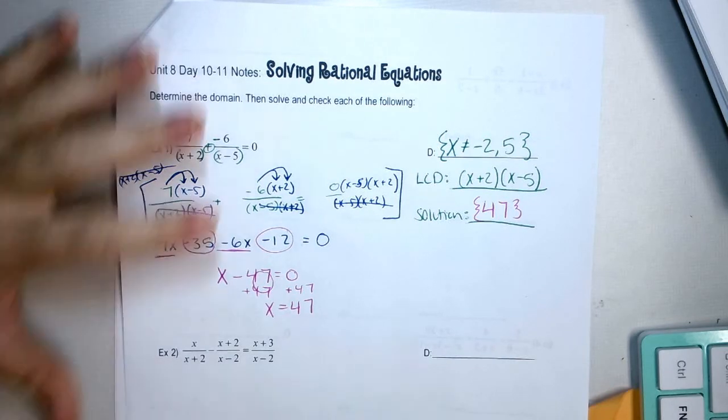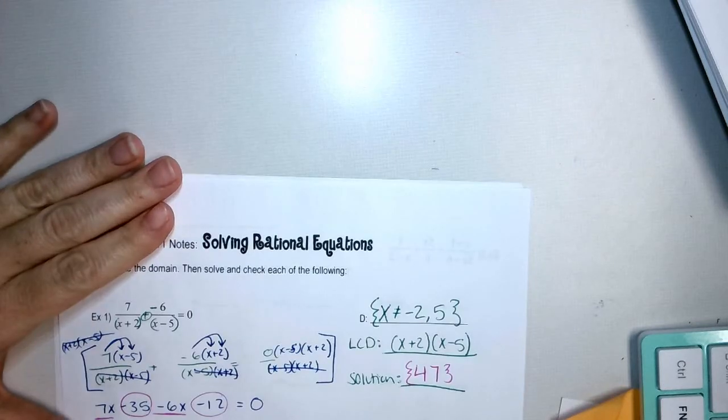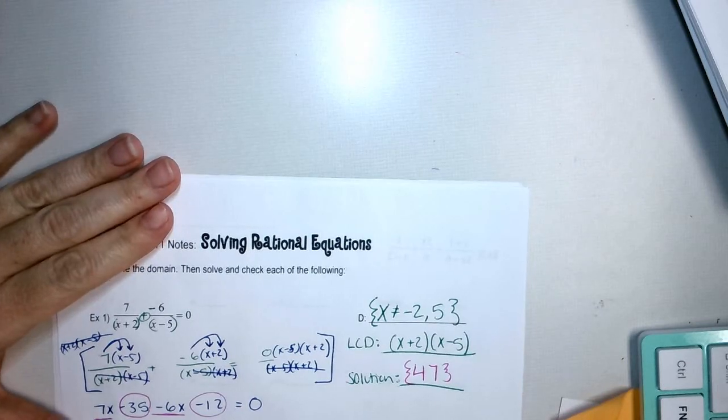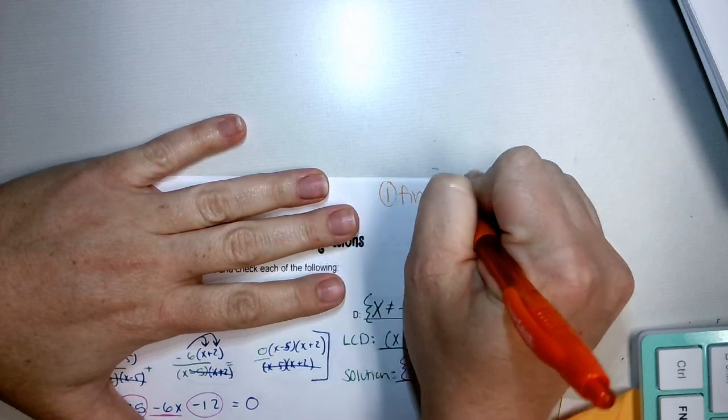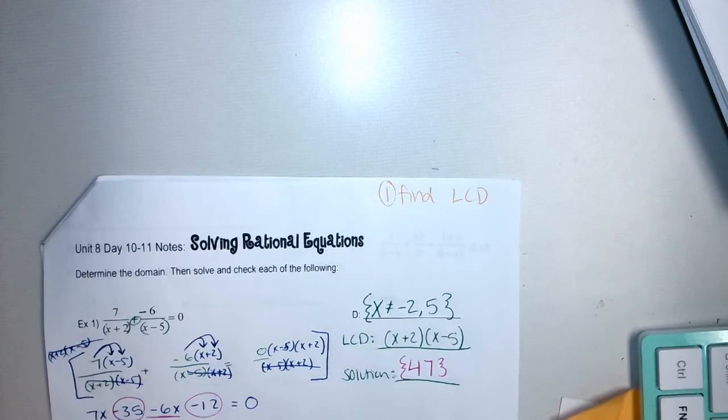Okay, so we're going to write down our steps here. Our first step is find your LCD and implement it. Give them all a least common denominator.